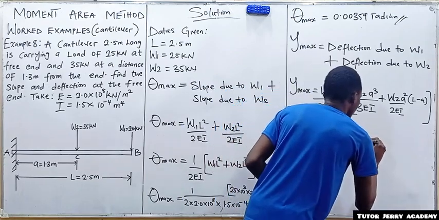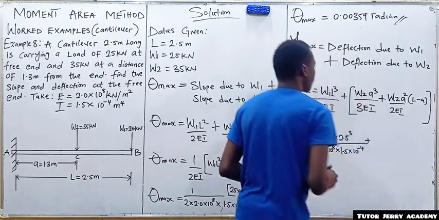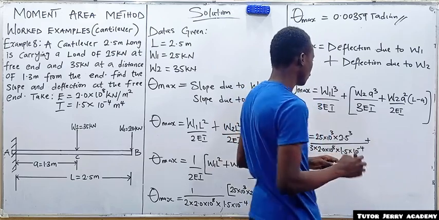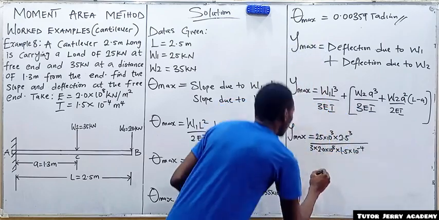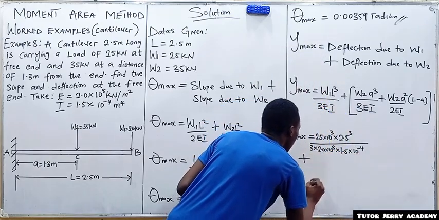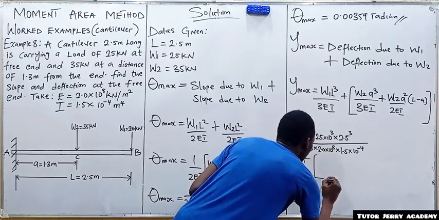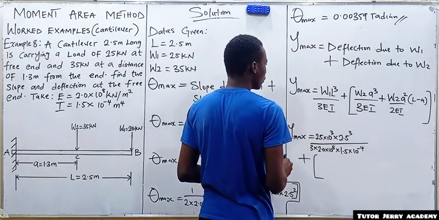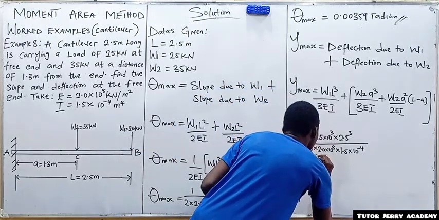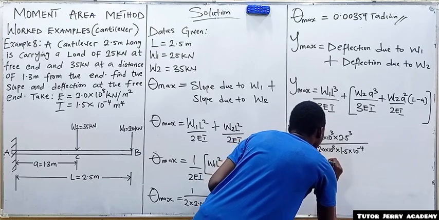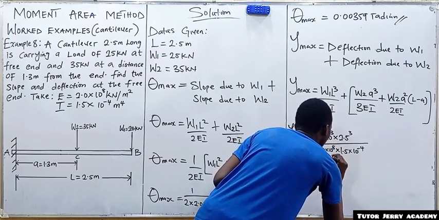Now this is plus the bracket of, let's bring this down, plus the bracket of W2. W2 is 35 kilonewton. This is 35 multiplied by 10 to the power of 3.